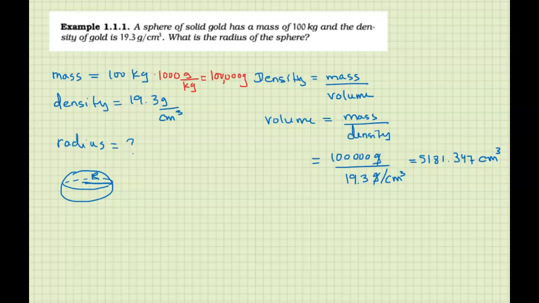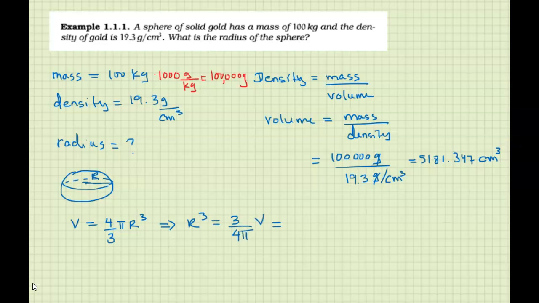Now we need a different formula. I know the volume of the sphere. What is the radius? The formula for the volume of a sphere is 4/3 pi r cubed. So we can figure out r: r cubed is 3/4 pi times the volume.